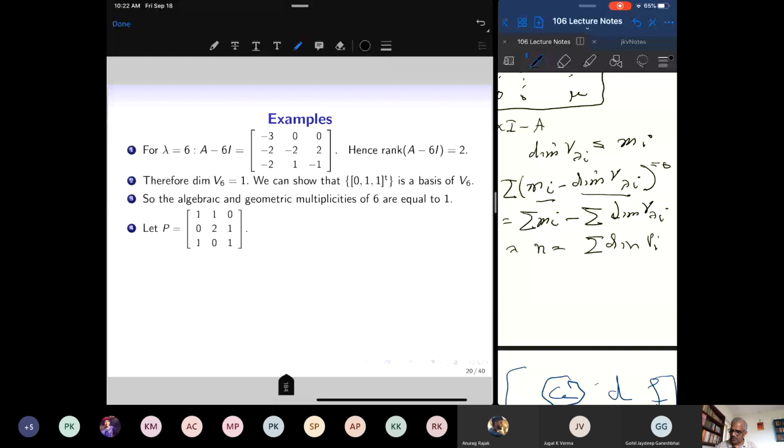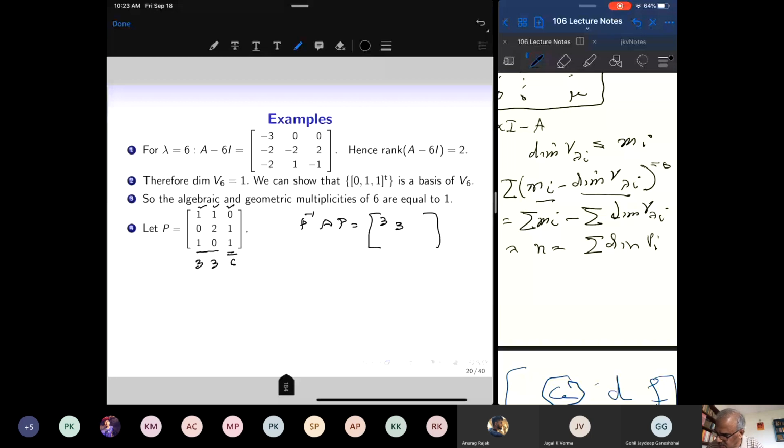And so I just put together these. The first 2 eigenvectors correspond to eigenvalue 3, and then this last eigenvector corresponds to eigenvalue 6. So these are 3, 3, and 6. Therefore, P inverse AP will be a diagonal matrix, and the diagonal entries are according to the eigenvectors in the matrix P. The first 2 eigenvectors correspond to eigenvalue 3.